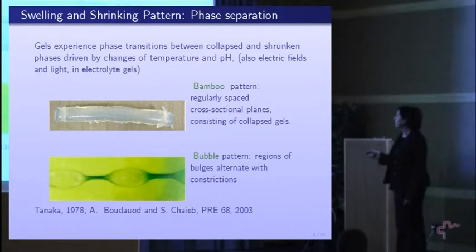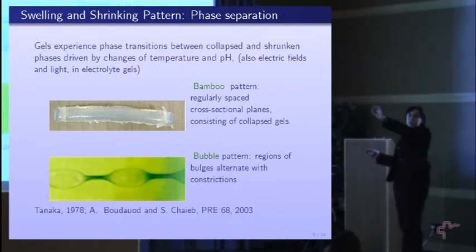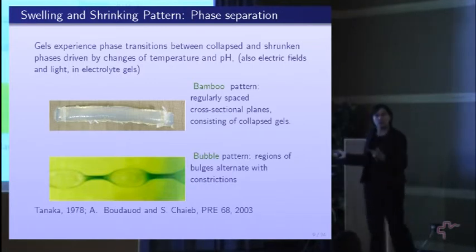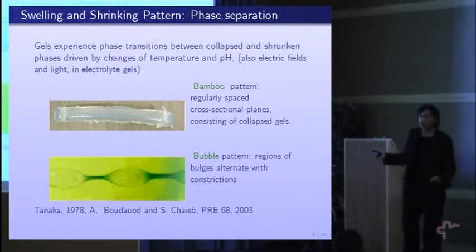In this one you see a bamboo pattern. It's made of regularly spaced cross-sectional planes consisting of collapsed gels. So we have periodic narrowings along the cylinder. Remember that we talked about the phase transition. They correspond to the collapsed phase of the gel, whereas the white parts are the swollen parts.